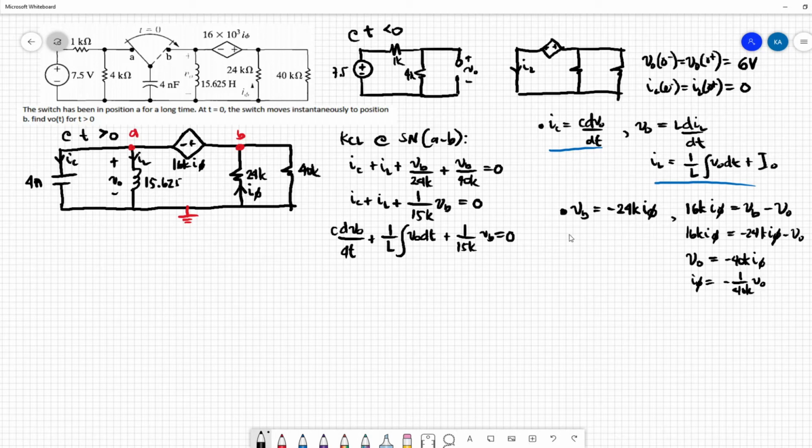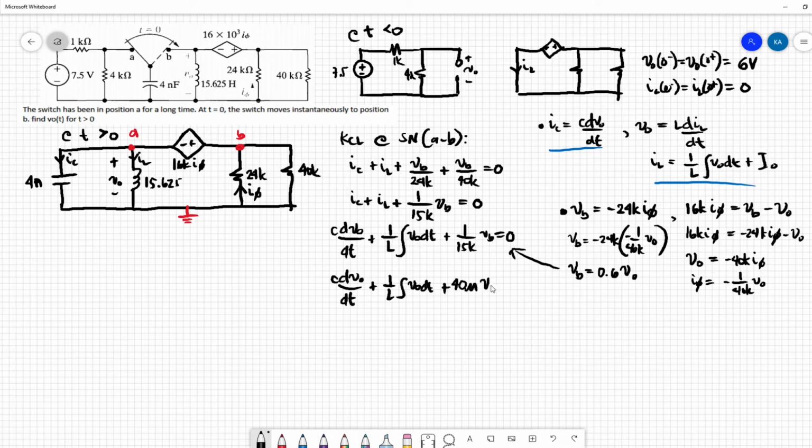So our VB can be expressed as 0.6 Vo. Substituting the value of VB to this equation, we have C dVo/dt plus 1 over L integral of Vo dt plus 40 micro Vo equals 0.